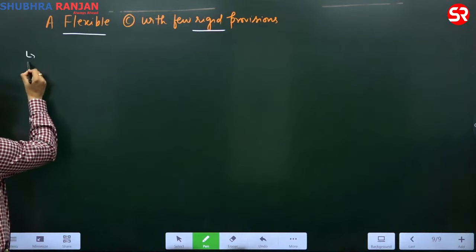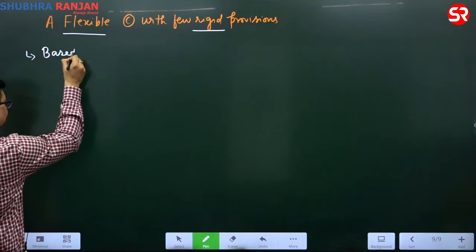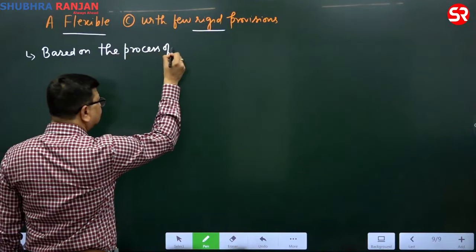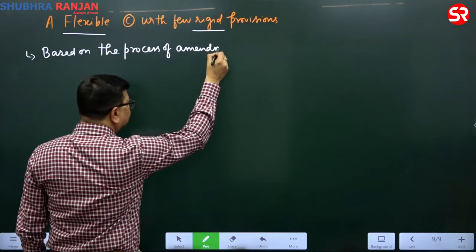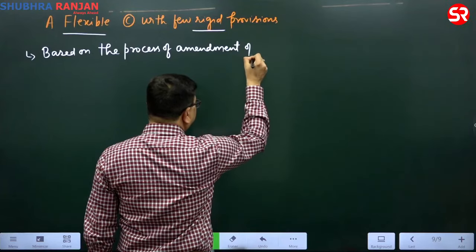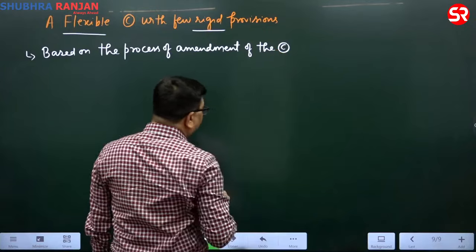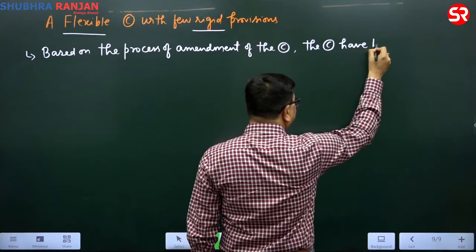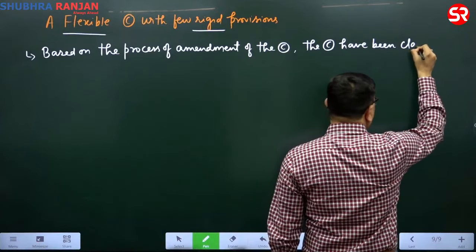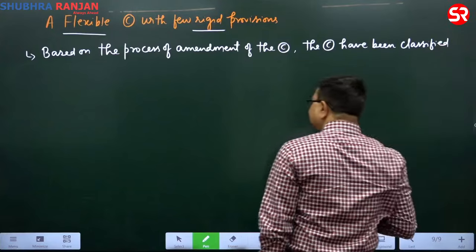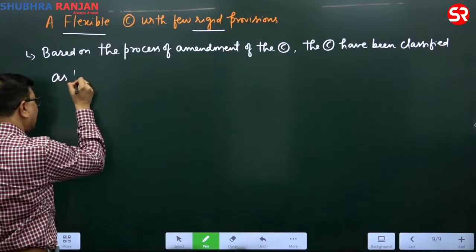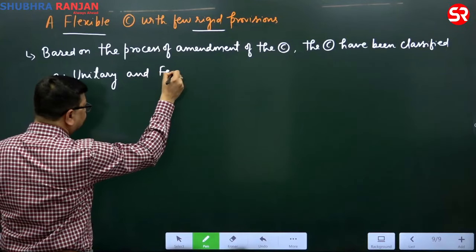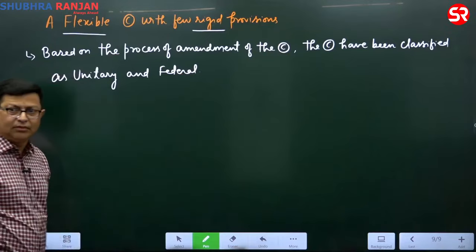One sentence you can write here. Based on the process of amendment of the Constitution, the constitutions have been classified as flexible and rigid.